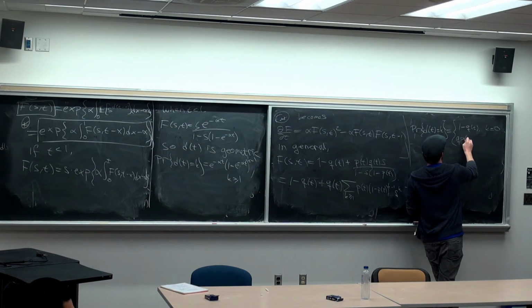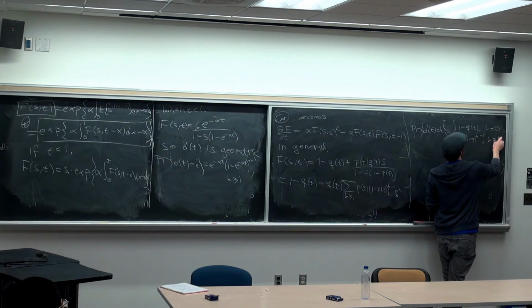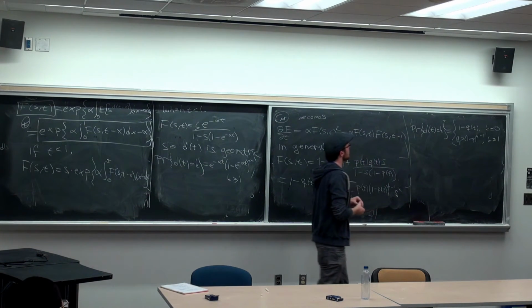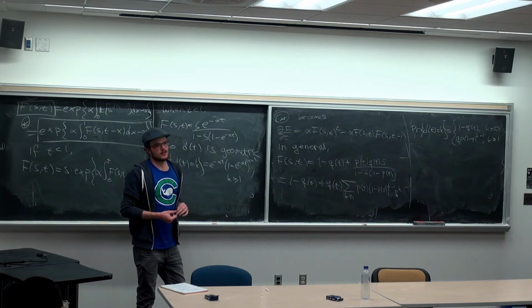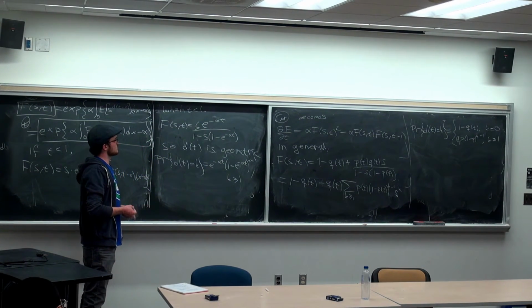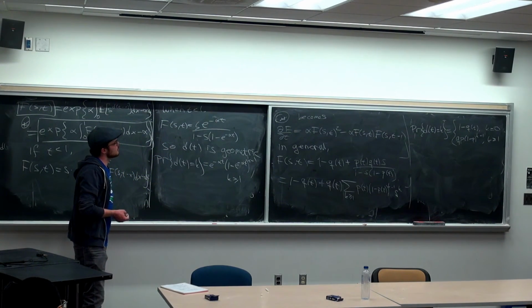I'm just going to say q p times 1 minus p to the k minus 1 if k is greater than or equal to 1. So that's sort of how we can use generating functions to solve these problems.